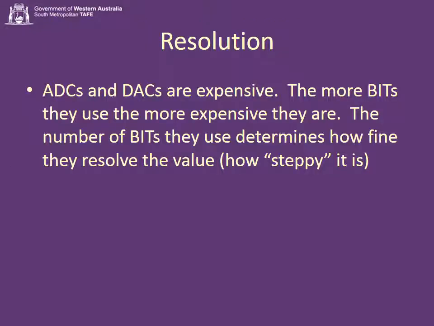Now, ADCs and DACs, they're expensive pieces of kit. The higher the bit rate, the more expensive they are. The other place you would have heard about ADCs and DACs is in MP3 players. MP3 players also take digital signals, which are the music, and convert them into analog signals, which is the music that you actually listen to.